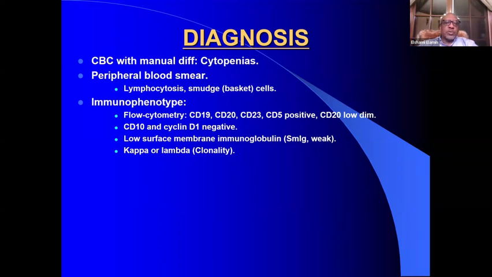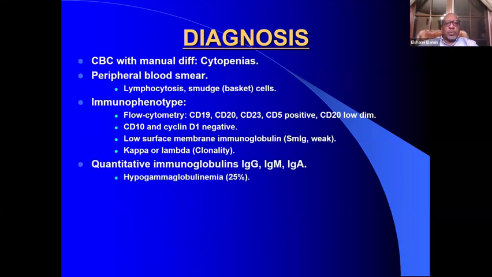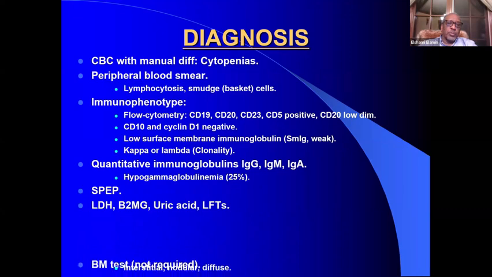Last week we said it has to be a kappa or lambda disease. That's monoclonality. So the lymphocytosis has to be monoclonal, not polyclonal. Immunoglobulins are low in 25% of the patients. Serum protein electrophoresis, you may find an M spike. LDH, beta-2 microglobulin, uric acid, and LFTs are needed for the workup.